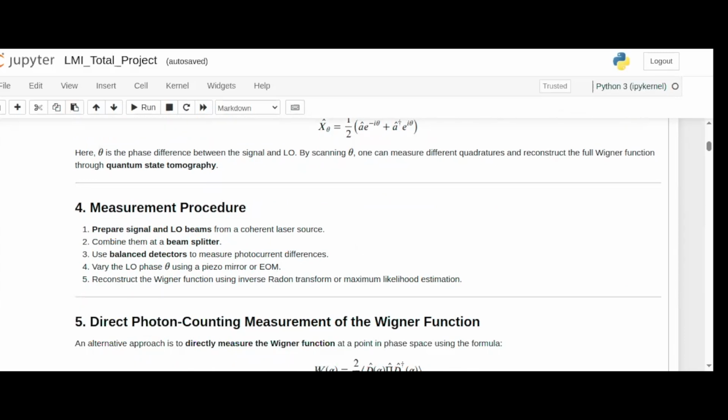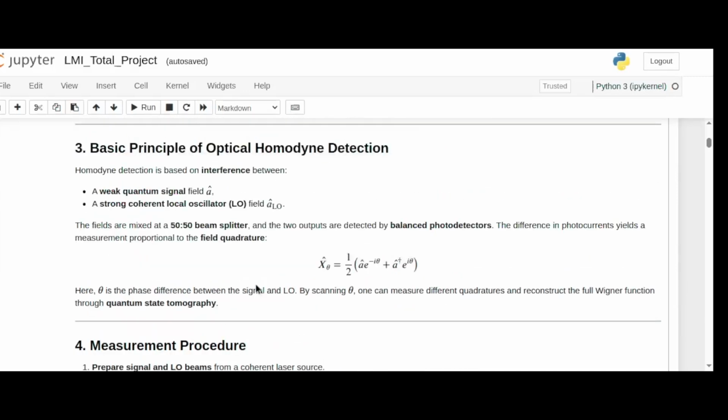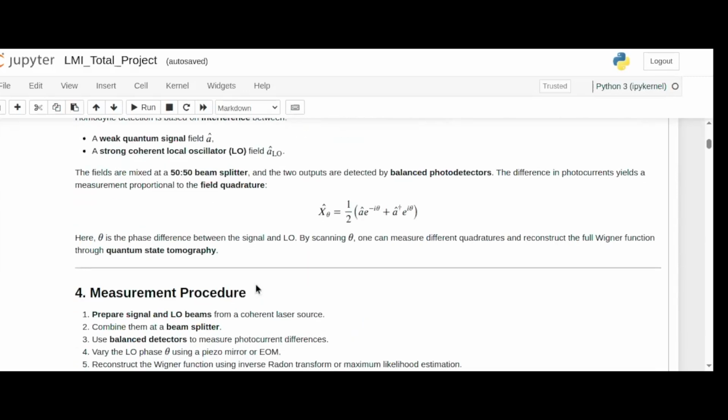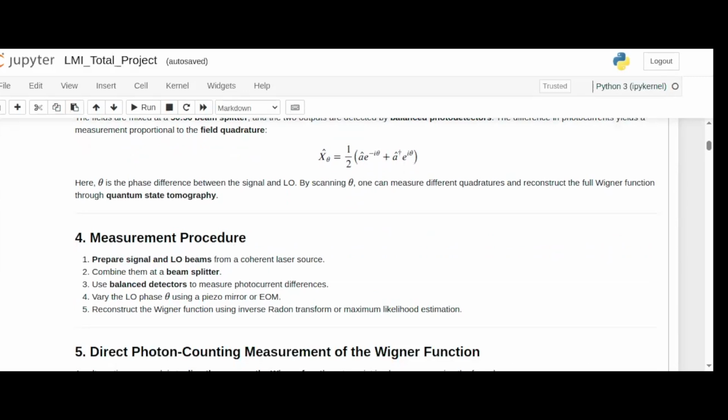So the key difference between direct Wigner function measurement and using optical homodyne detection technique: in optical homodyne detection, we are reconstructing the Wigner function using inverse Radon transform or maximum likelihood estimation. Whereas by direct measurement of photon counting, we don't have to do this process.